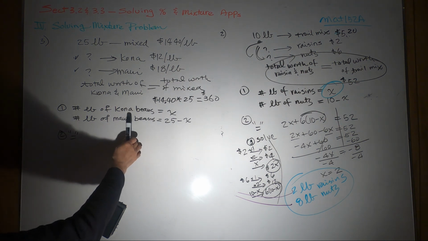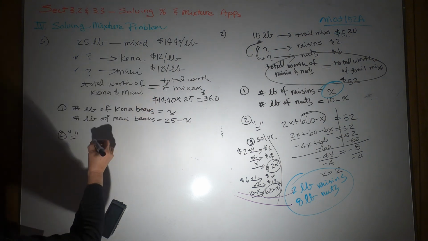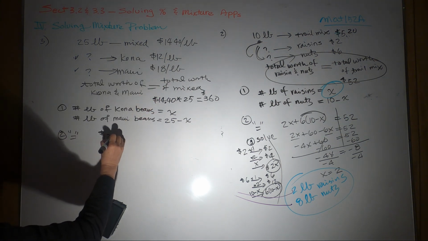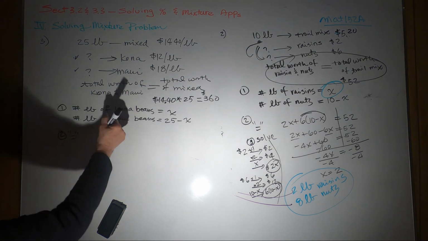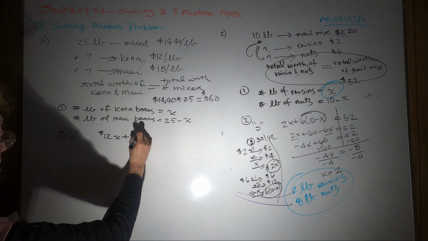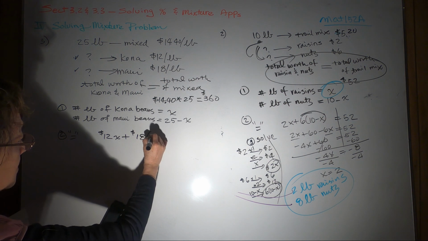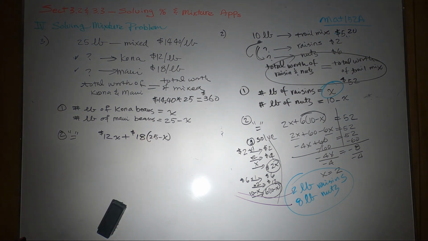How much is it worth for the X pounds of Kona bean? Each pound is $12. So $12 times X. That would be how much it's worth, right? Individually, that's for Kona beans. How much for Maui beans? So $18 per pound. How many pounds? 25 minus X, right?